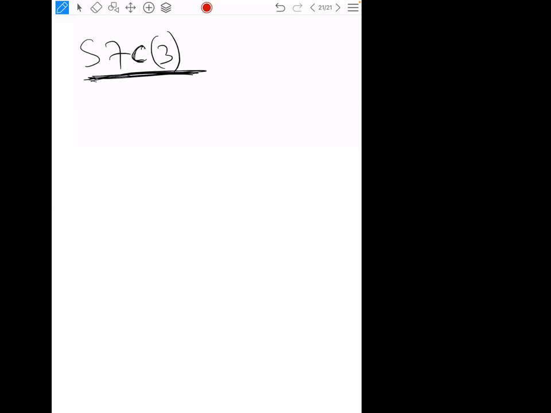If you miss this, there's nothing you can say about section 7C. Highlight that 3. We need it. Highlight 3 there across the top.